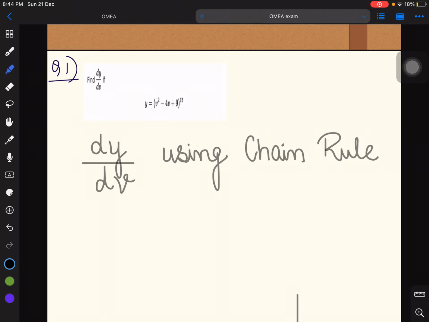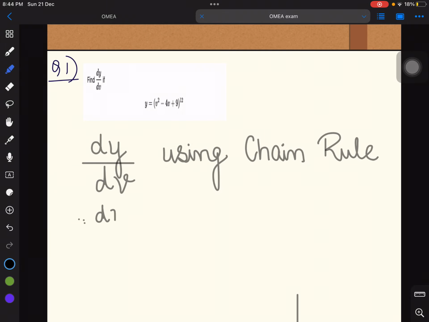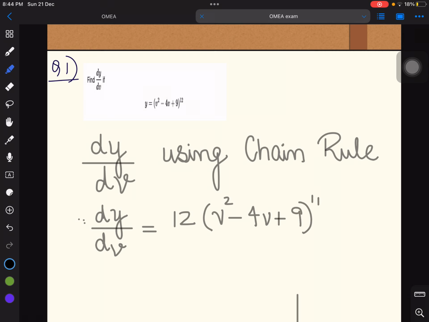In this we are going to apply the chain rule. dy by dv is equal to, by using the chain rule, 12 (v square minus 4v plus 9), n minus 1, so 11. And then we differentiate what is given in the brackets, which is 2v minus 4. So this is the solution for this differentiation.